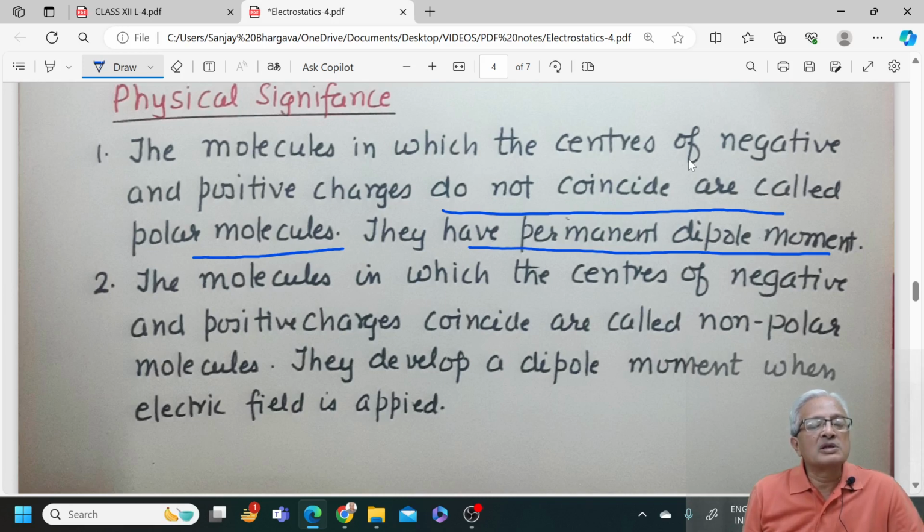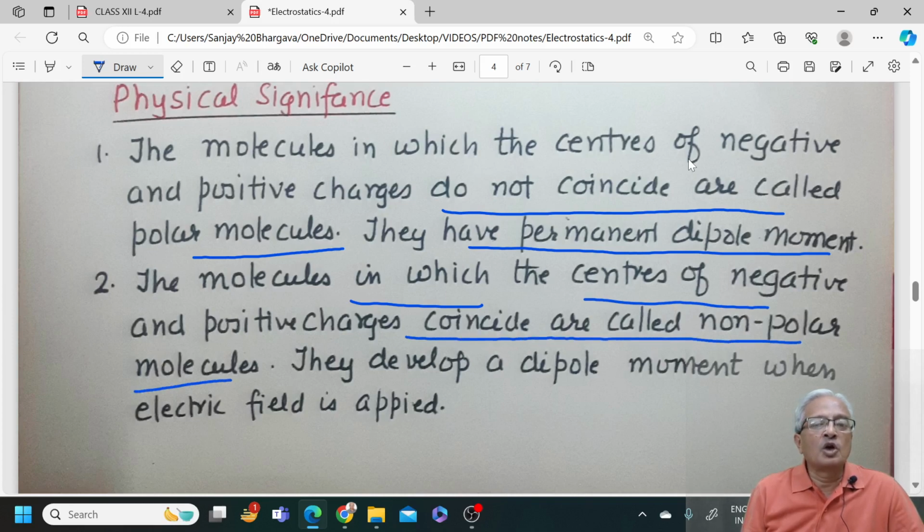All the dipoles are aligned in the direction of electric field. But there is another category of material in which the molecules have centers of negative and positive charge coinciding with each other, and such are called non-polar molecules. Now when they are kept in an electric field, what happens?